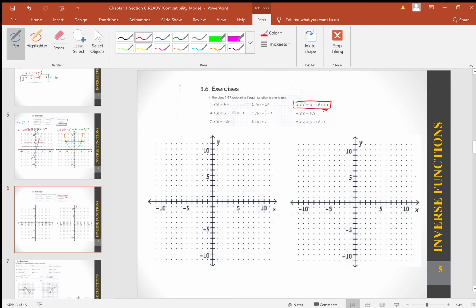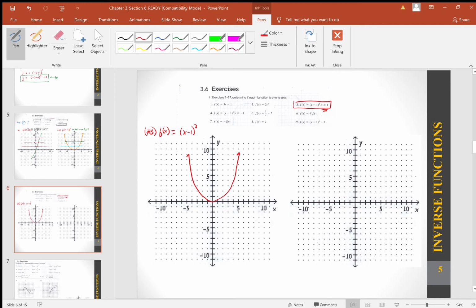So for number 3, you have your f of x equals x minus 1 squared. Okay, so you know automatically that your basic function is going to look like this, a parabola.